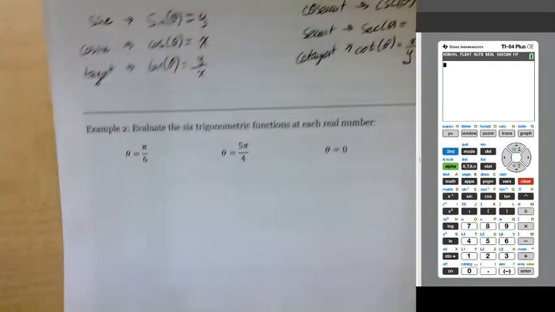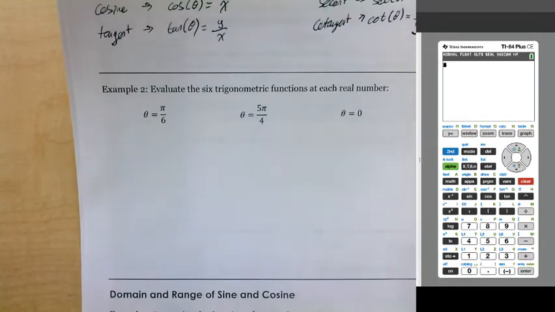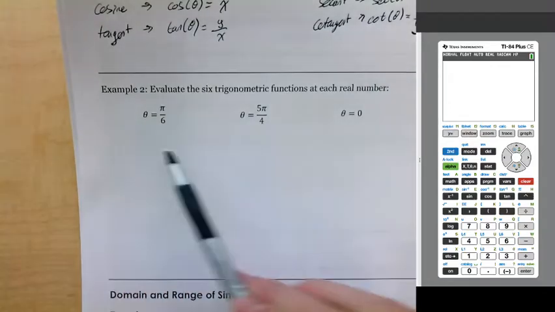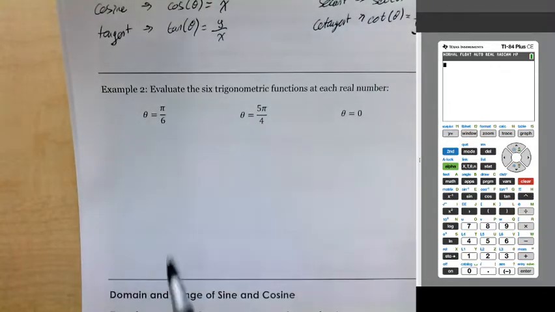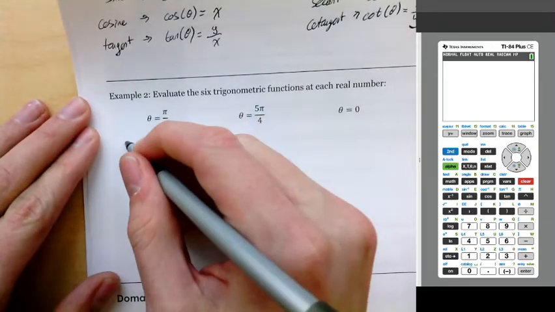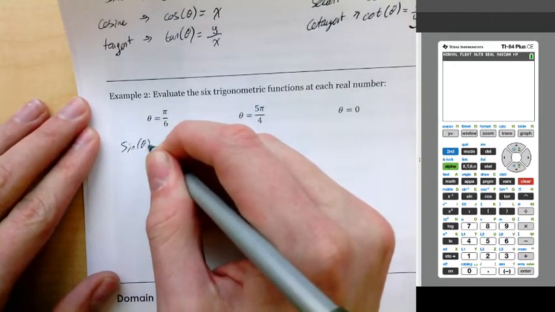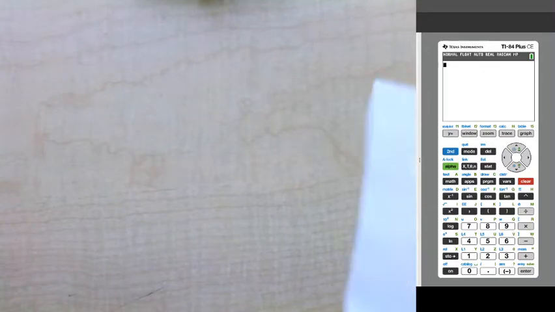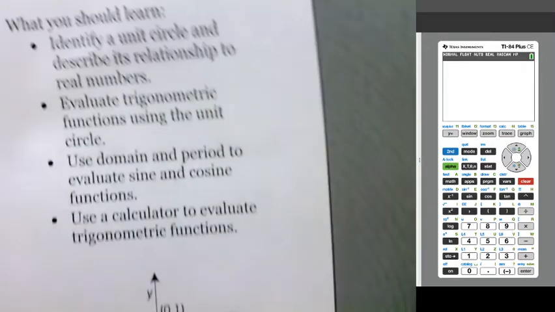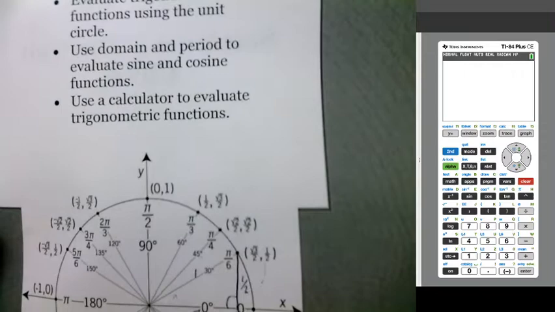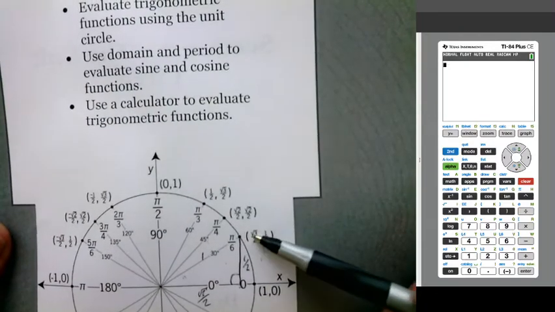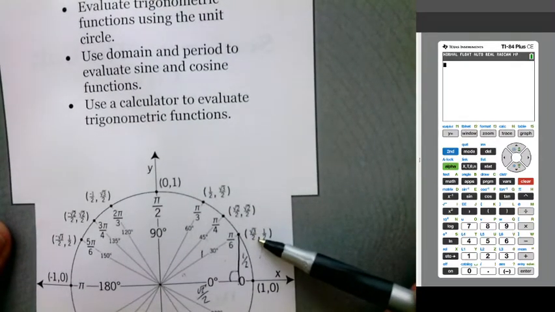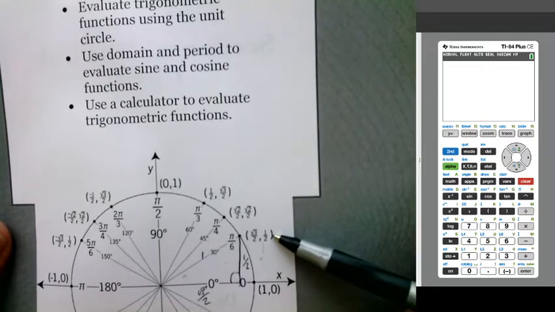So let's evaluate these 6 trigonometric functions at each of these real numbers. Let's start with pi over 6 radians. So what would sine of theta be in this case? Well, let's look back to our unit circle. And as you can see here, pi over 6 has an x-coordinate of root 3 over 2 and a y-coordinate of 1/2.